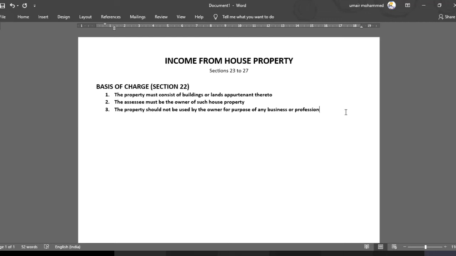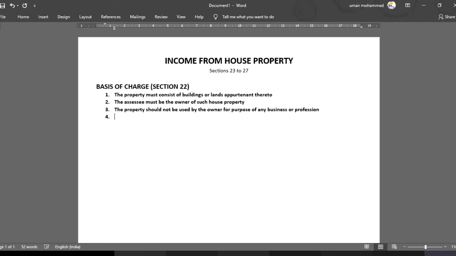It will go to the balance sheet. If you're a doctor and you own the clinic, it is an asset to you. So the provision says here that if you're an owner of the property, you can't use the property for the purpose of business or profession. If you use it, then it will not be considered as house property. It will be considered as a business property.